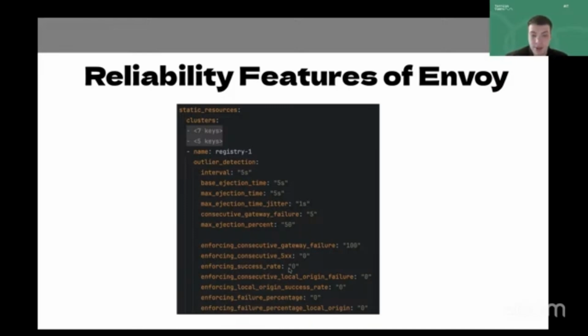In our case, we just use it for gateway failures. We can also enable it when we have too many 500s, or maybe when success rate to specific node is below certain percent or etc.